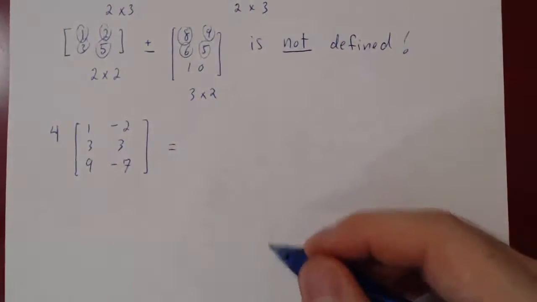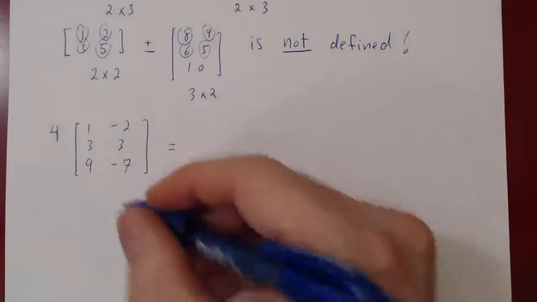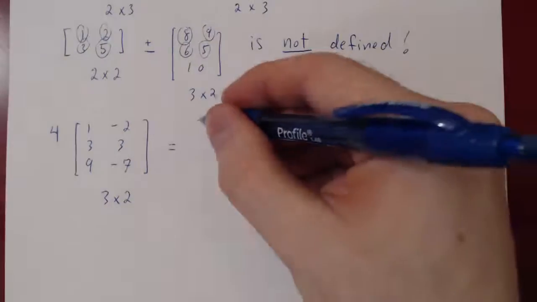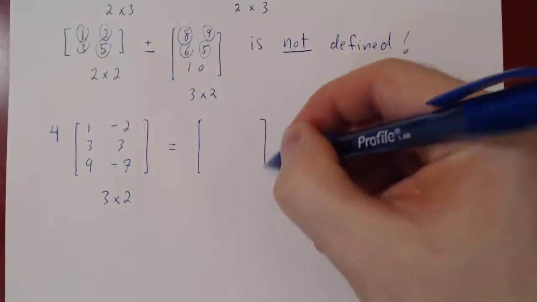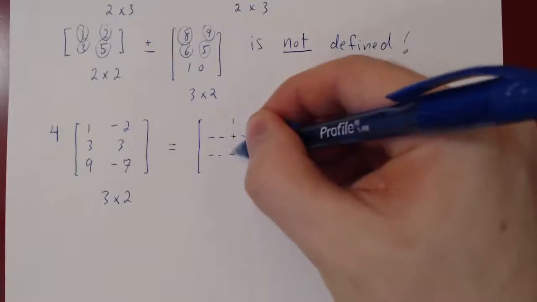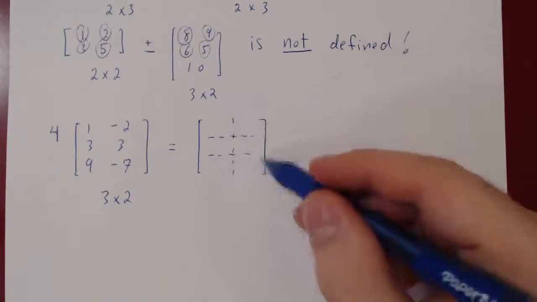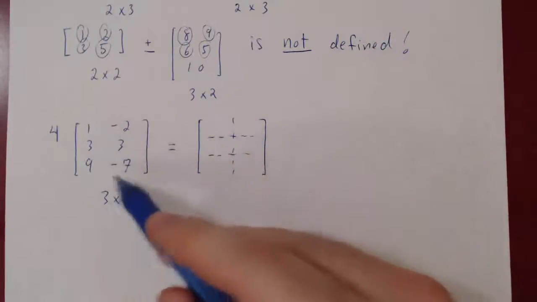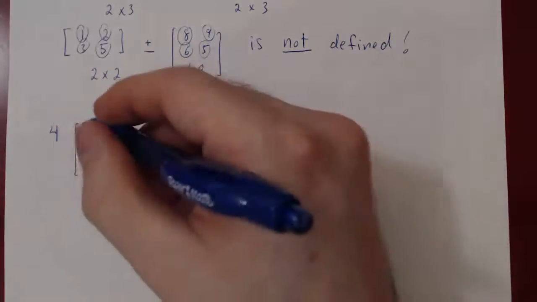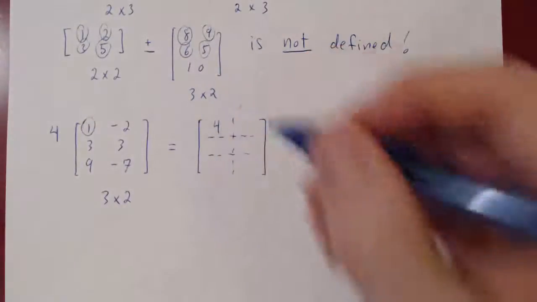Well, as you can probably guess, this is a 3 by 2 matrix. The result will be of the same size, still a 3 by 2 matrix. And we obtain the new entries of this matrix by multiplying every single entry of the original matrix by the real number. So we'll have 4 times 1, 4.